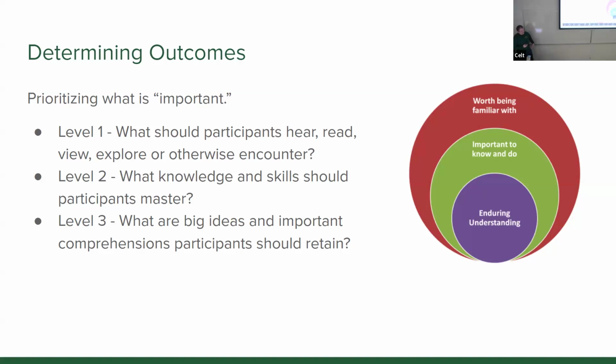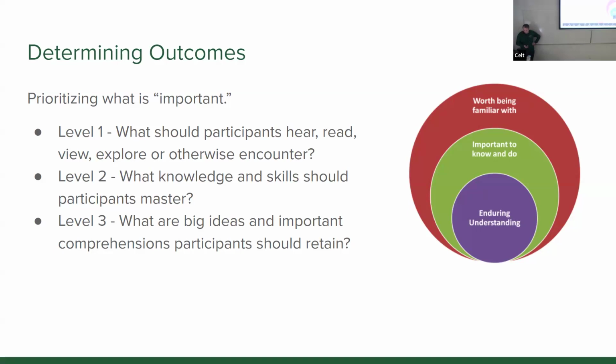So we can think of this: I'm going to start with my very general subject, and then within that subject, what do I want my participants exposed to on a relatively high level? So this is the knowledge considered worth being familiar with. It's information that fits within the questions that are really the lowest priority within the unit or the course.